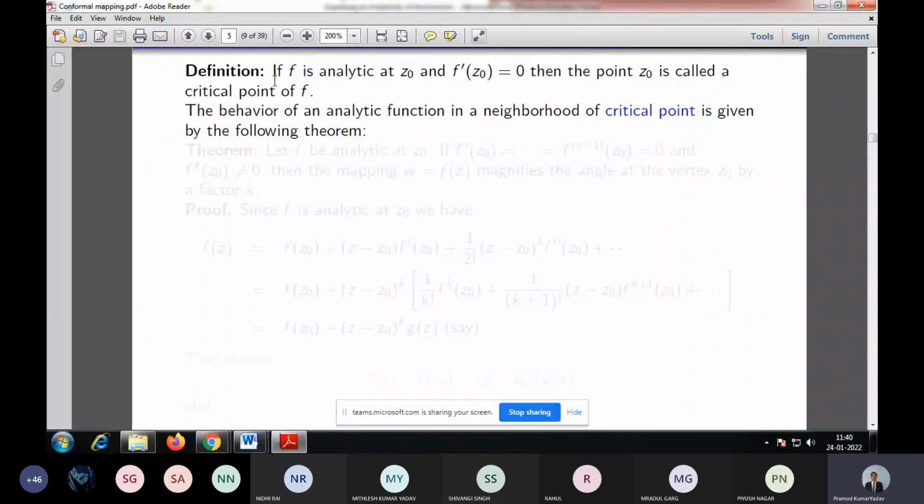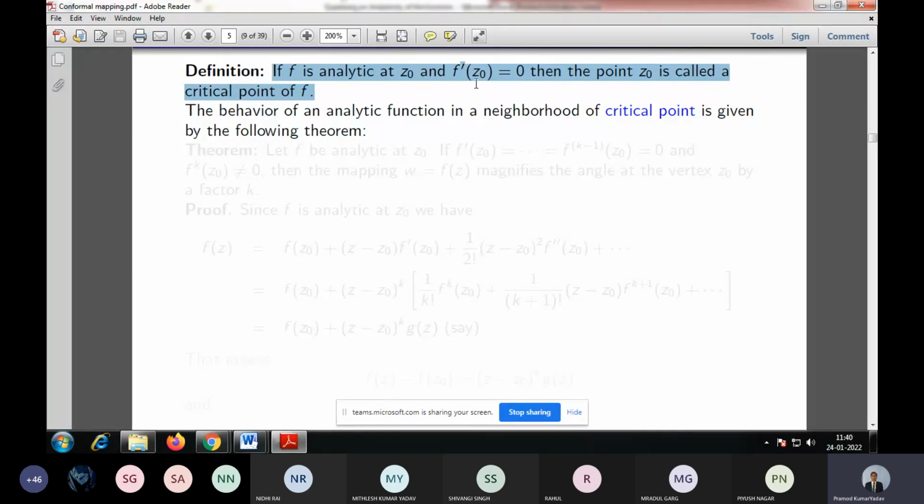Now next point: if f is analytic at the point z equal to z naught and f dash z naught equals 0, then the point z naught is called a critical point of f. For a conformal mapping, f dash z naught should not be equal to 0. But suppose f is analytic and f dash z naught is 0 at that point, then the function will not be conformal.